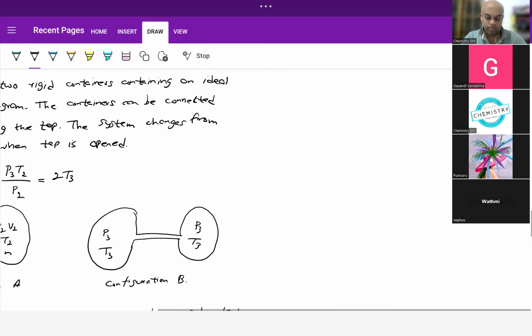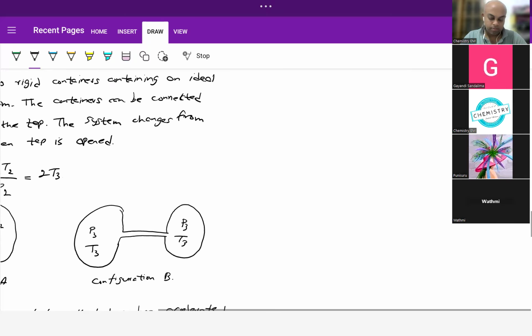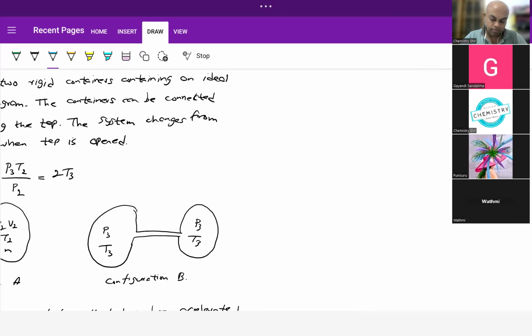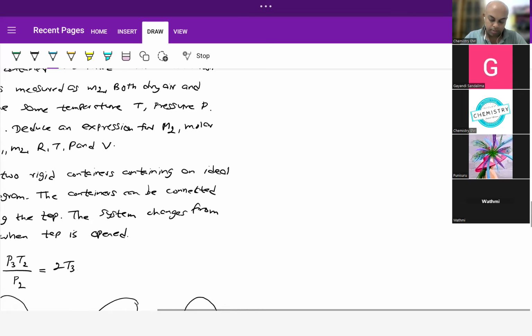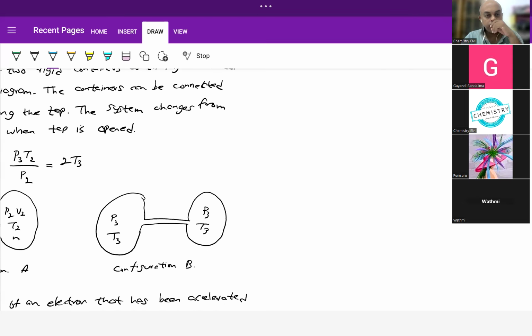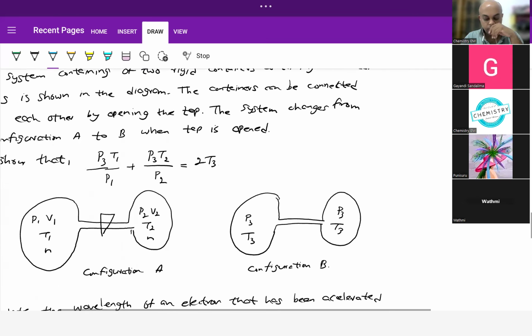Now I will apply PV equals nRT to configuration A, to the two containers. There are two containers now because that is separated.